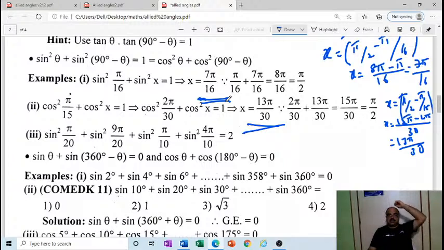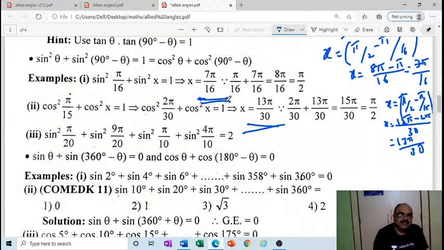Third one, sine square pi by 20 plus sine square 9 pi by 20 plus sine square pi by 10 plus sine square 4 pi by 10. When you look at the denominators itself, you can say it properly.